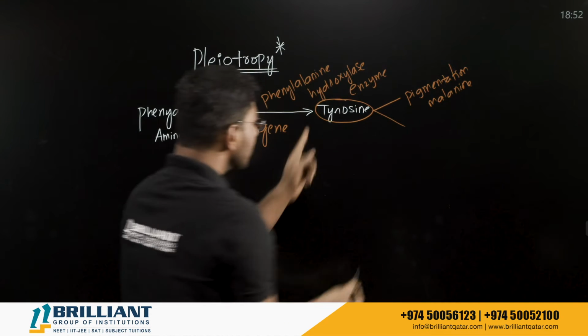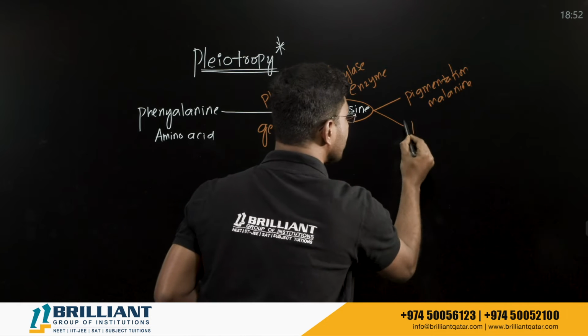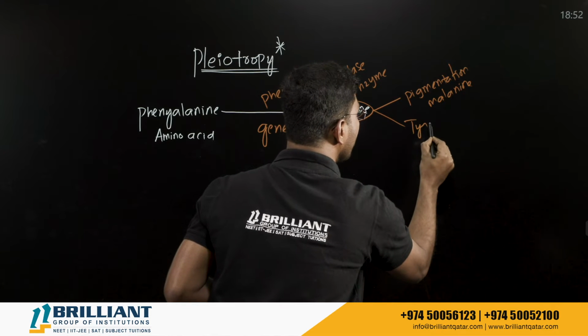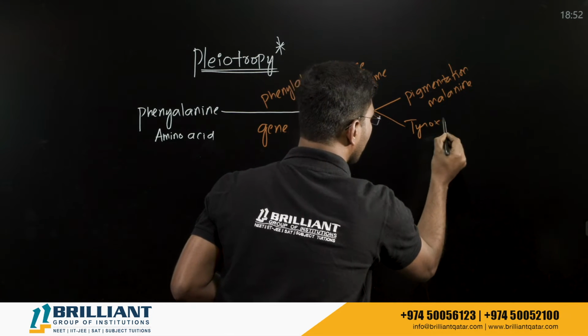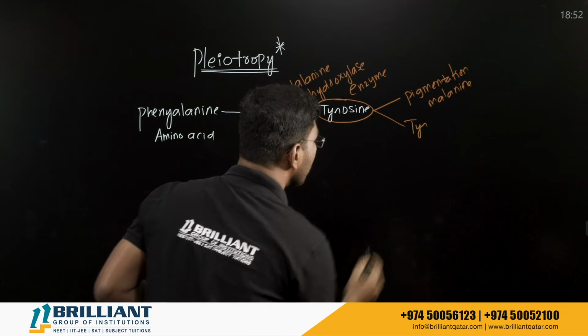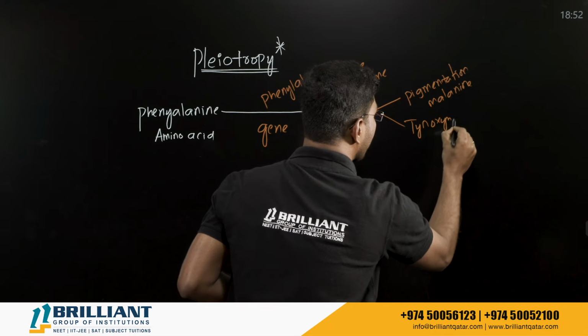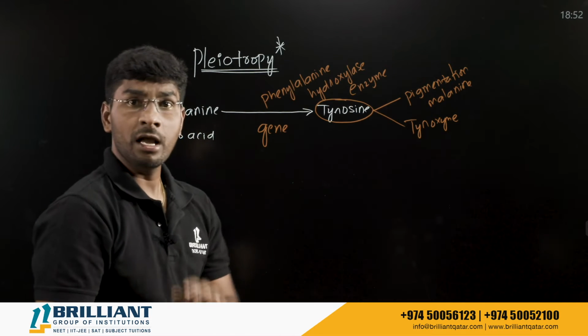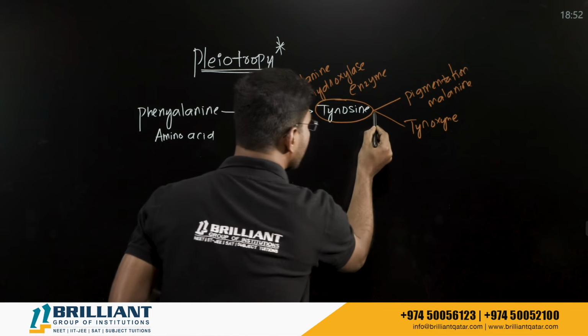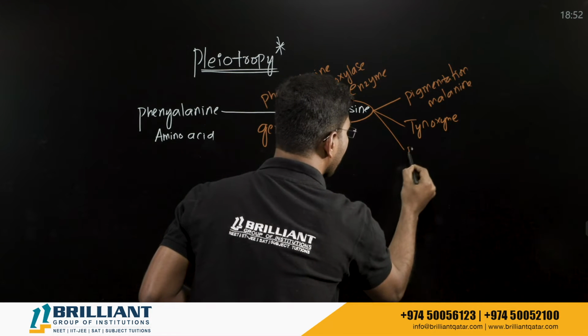Number 2, this tyrosine amino acid is also essential for thyroxine hormone production. Next, this tyrosine amino acid is also essential for brain development.